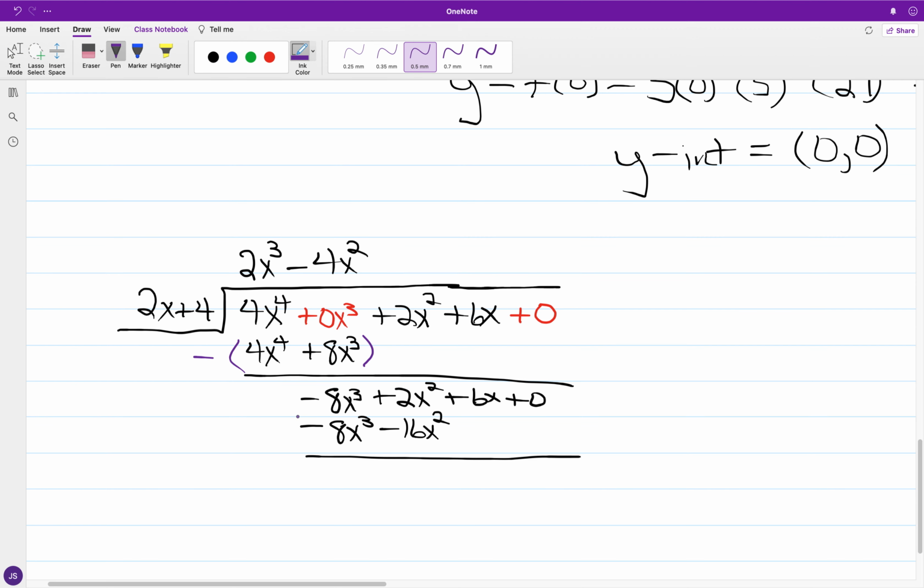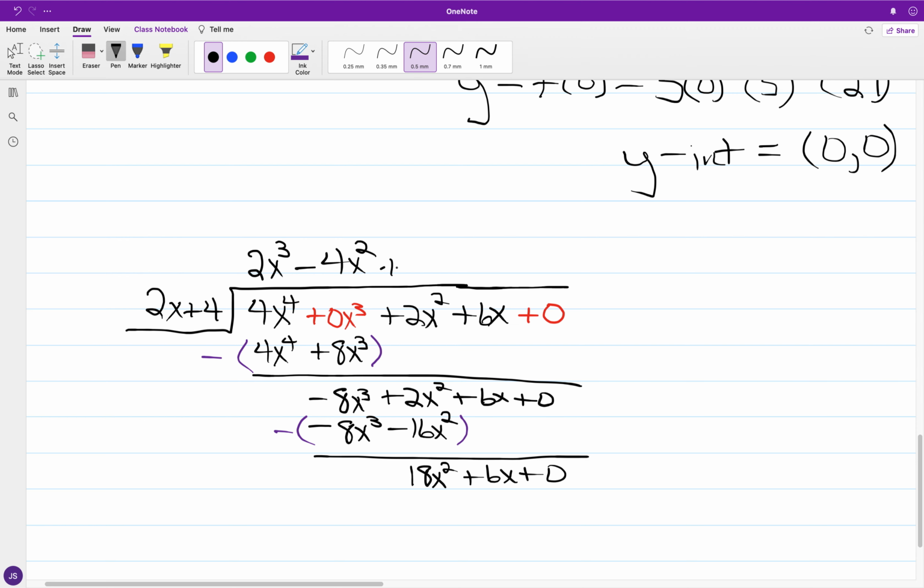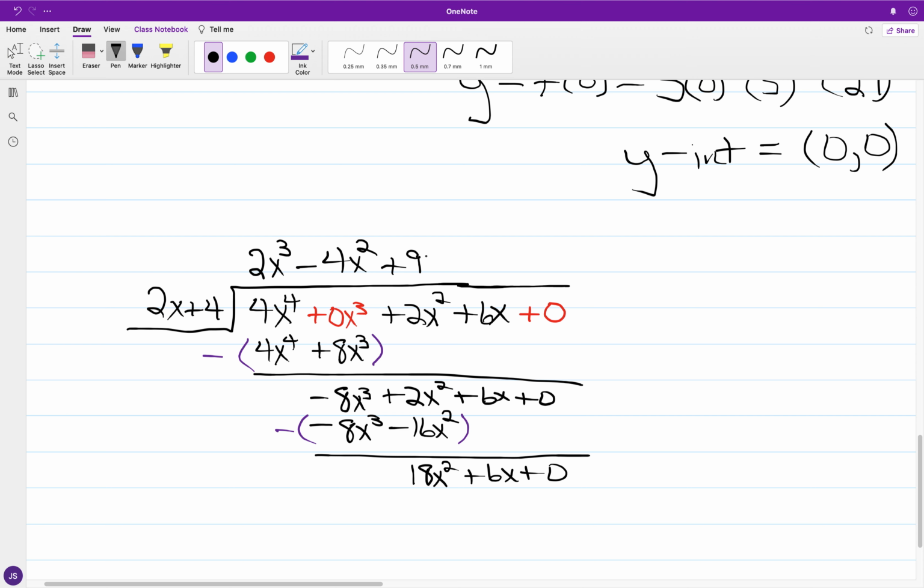And again, distributing subtraction. In long division, you have row by row subtracting. Now we got 2x squared plus 16x squared, so there'll be 18x squared. And bringing down the 6x and the 0, so you have 2x into 18x squared. This will go 9x times.